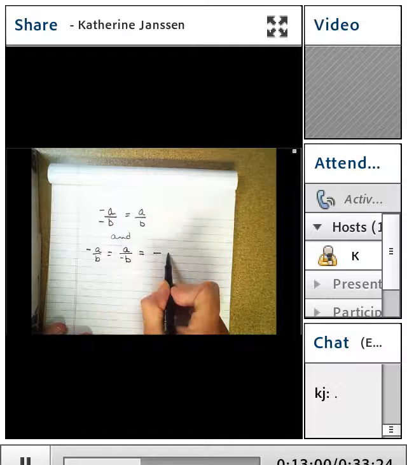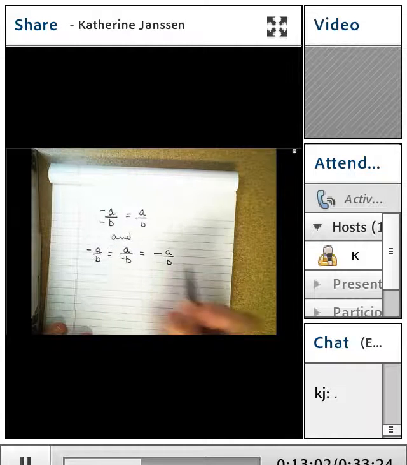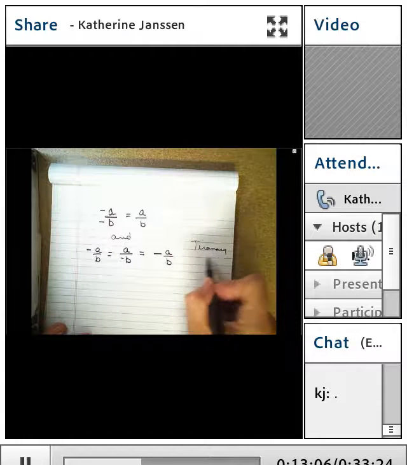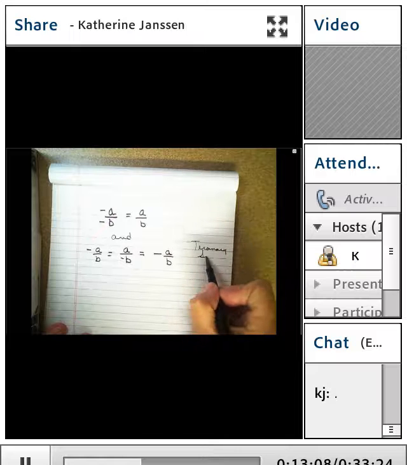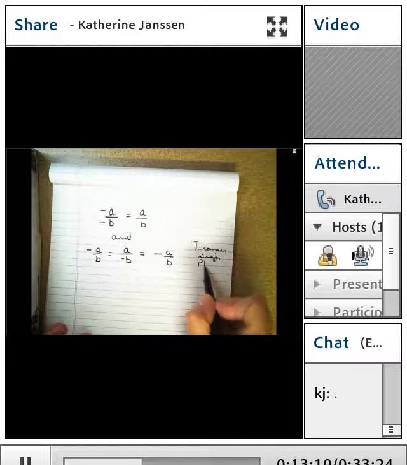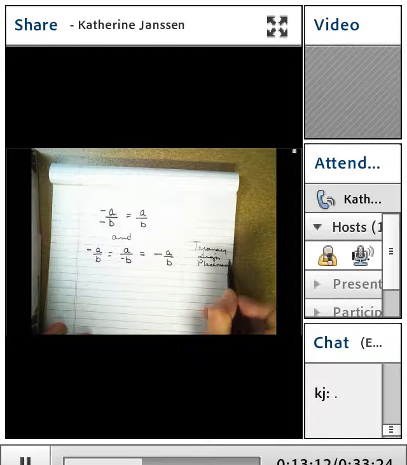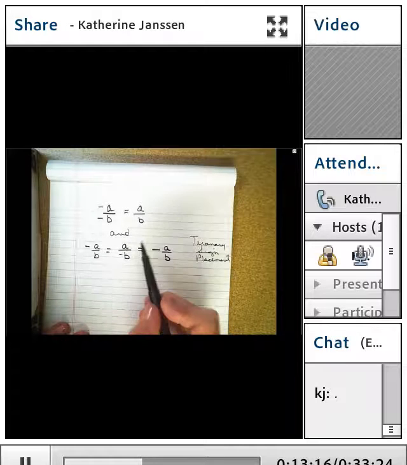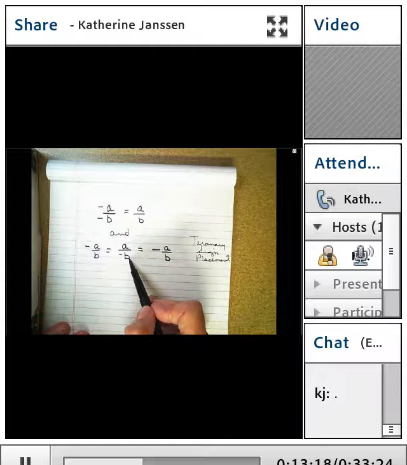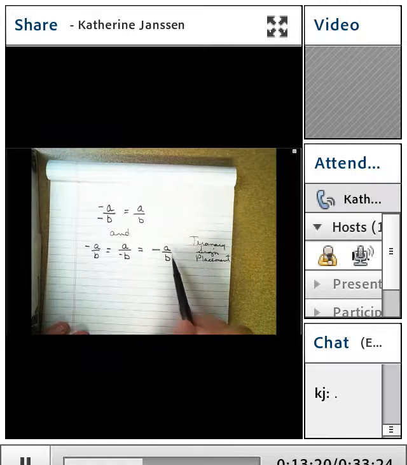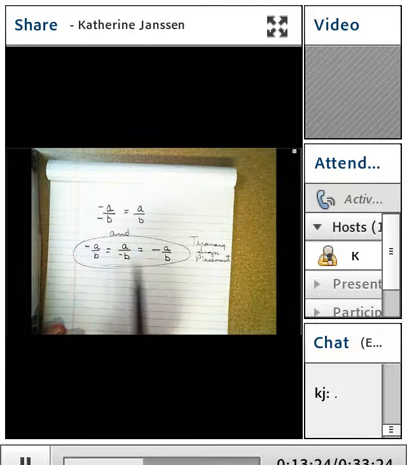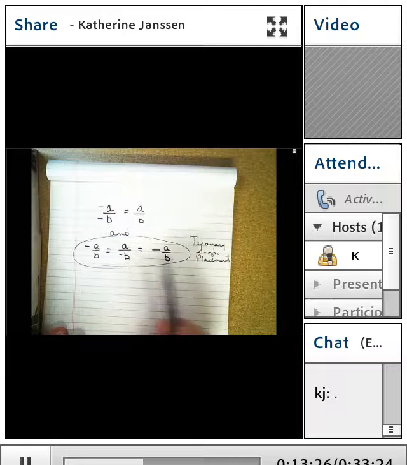We call this the ternary placement. This is the opposite of a over b. This is a over the opposite of b. And this is the opposite of a over b, and they're all equal. So our sign can be in the numerator, sign can be in the denominator, or the sign can be out in front, representing the opposite.